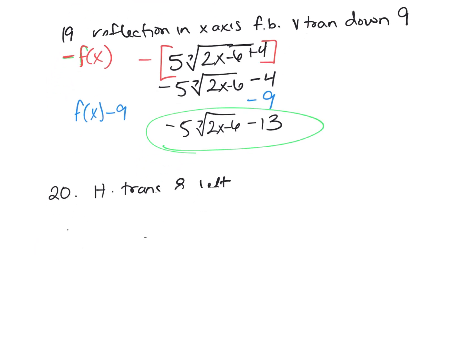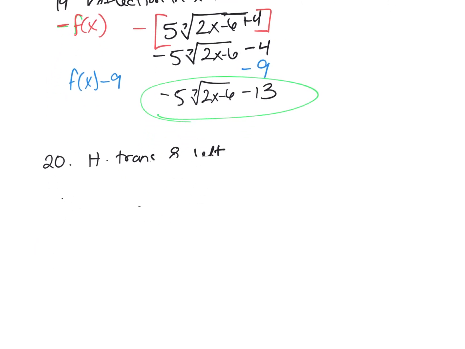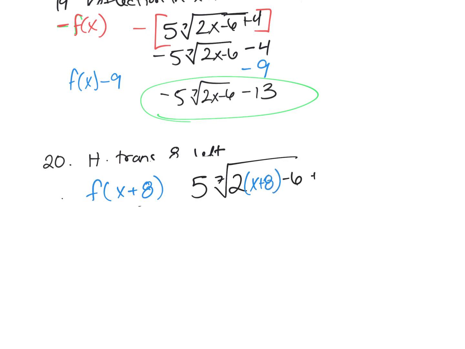Okay. What about a horizontal translation? Left 8. F of x plus 8. So this one is also one that usually got wrong. That becomes x plus 8 instead of the x minus 6 plus the 4.